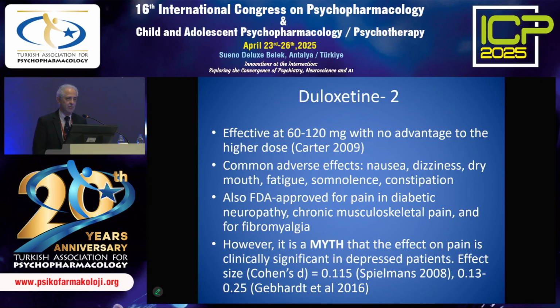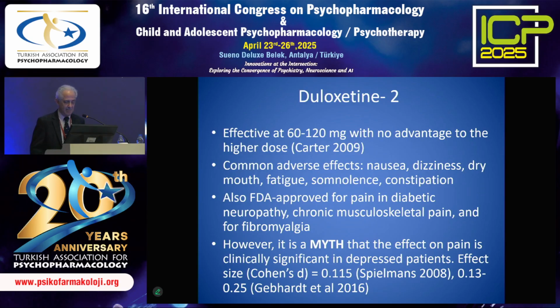But there's quite a bit of literature examining depressed people who also have pain, and what is the role of duloxetine in them? And it turns out to be very unimpressive, with one meta-analysis finding an effect size of 0.115. That means it was 11% less pain than the placebo.